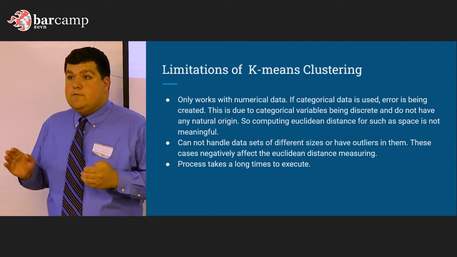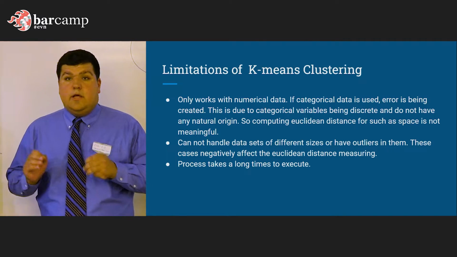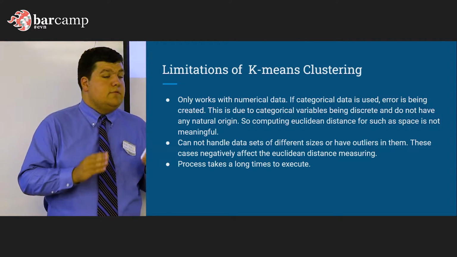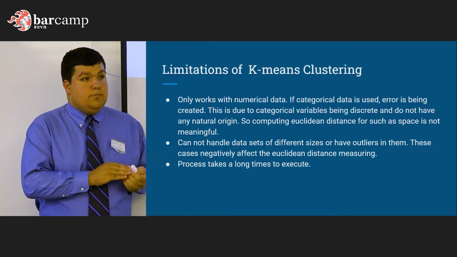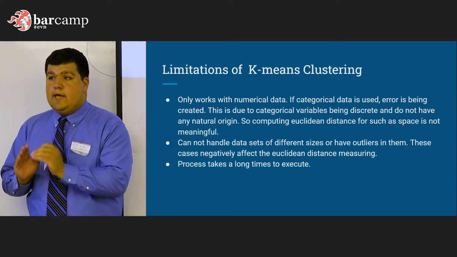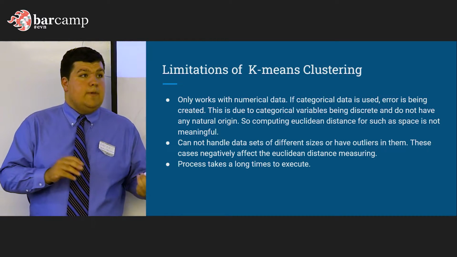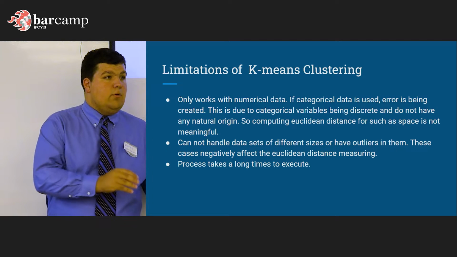Now, however, while k-means clustering is a great data analysis technique, it does have a lot of limitations that we have to address. First and most notably, it cannot work with categorical data. So just to clarify, categorical data are non-numerical elements that we assign numbers.